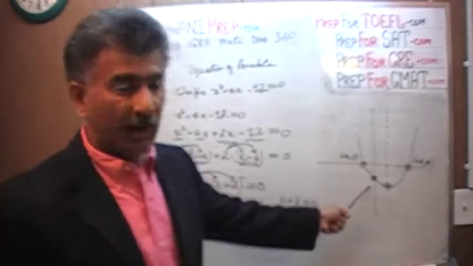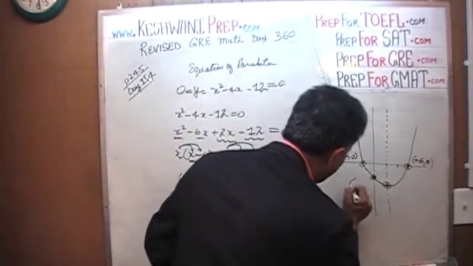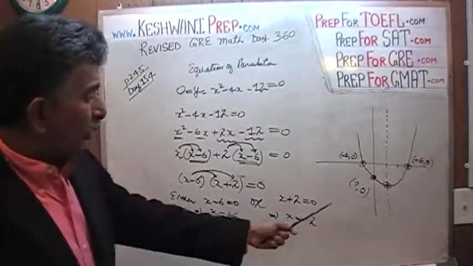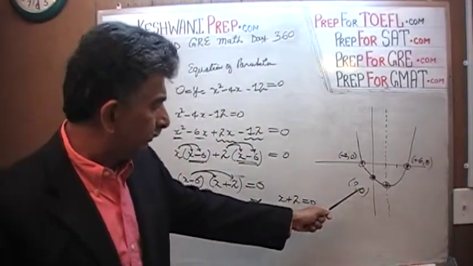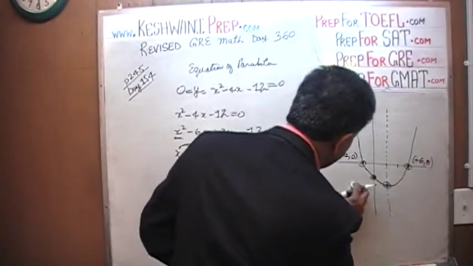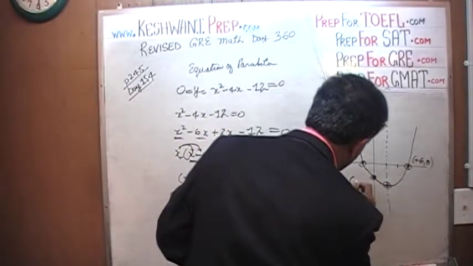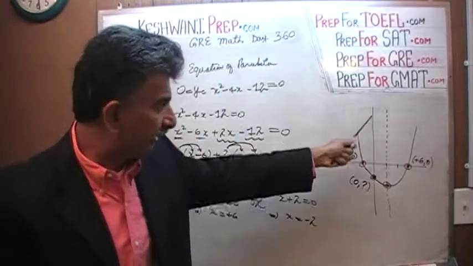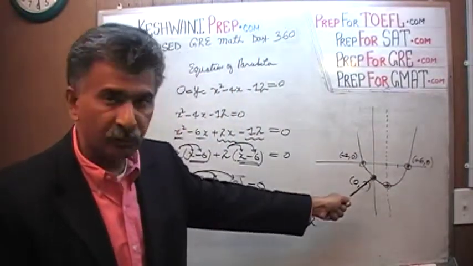Similarly here, the y coordinate is going to be 0 at these points. At the place where the graph cuts the y-axis, the x coordinate is 0.